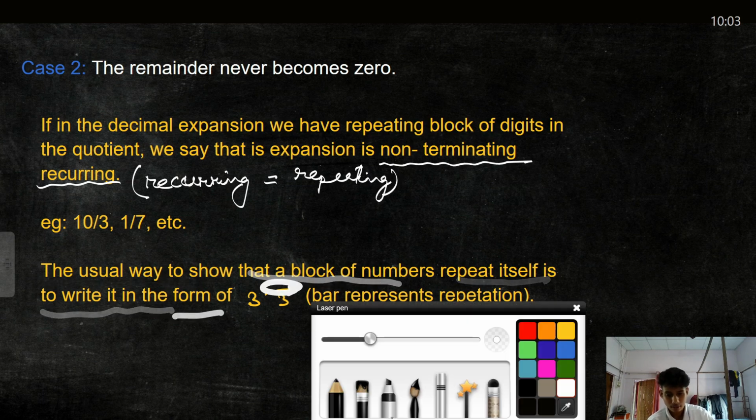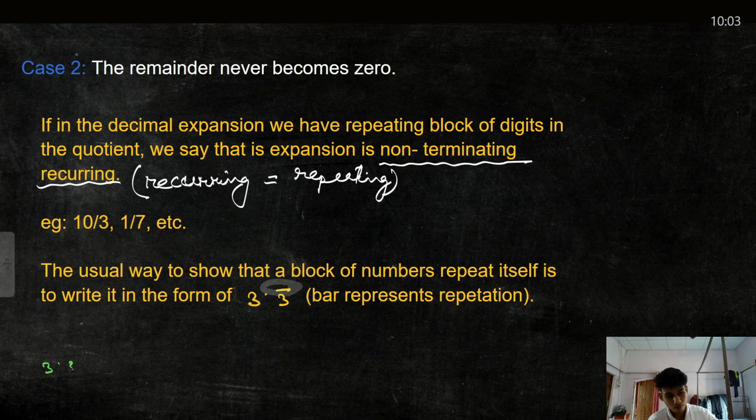That is, if the numbers are 3.33333 and it keeps repeating itself, then we can write it as 3.3 bar.